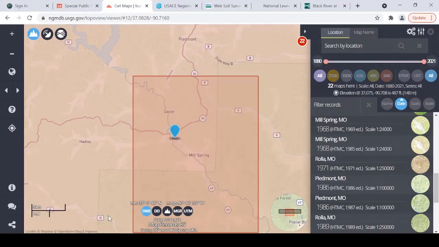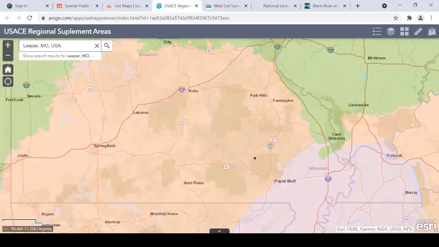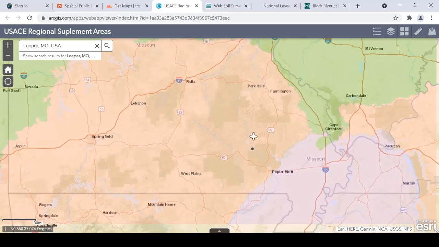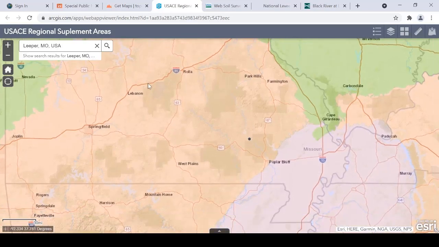We can take a look at the topo maps using the USGS topo viewer. And on this website, we have the U.S. Army Corps of Engineers regional supplement areas. I took the project area down to Leeper, Missouri, which is very close to where we just looked at.